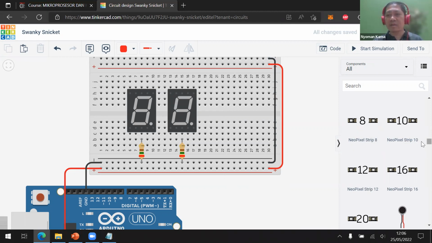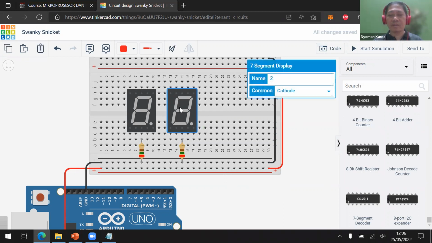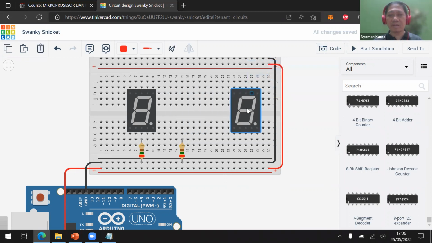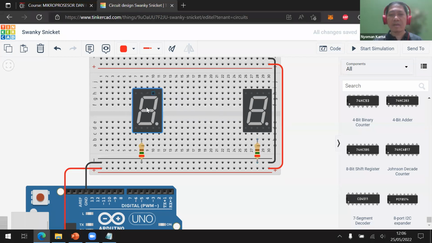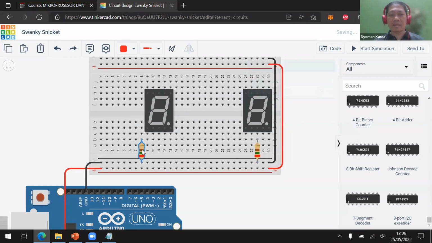The first one is to use the BCD to 7 segment, this one. So we're going to need to move this one to here, and then this one, let's say to here. This one is the common pin.